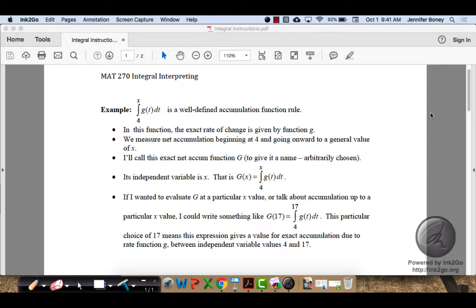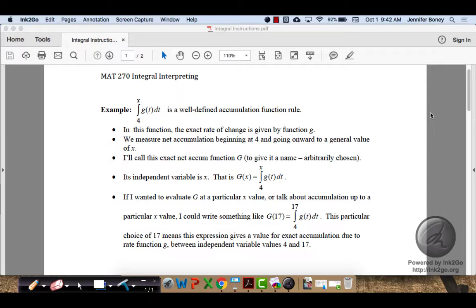The idea of what it's headed towards is expressed by notations like this. This integral notation represents exact net accumulation between a starting value and a general ending value, or it could be a numerical ending value, just like with our net accumulation function's approximate form. We could think about, what if I wanted to find the net accumulation between 1 and 1.8?